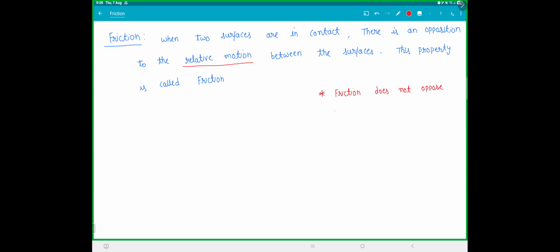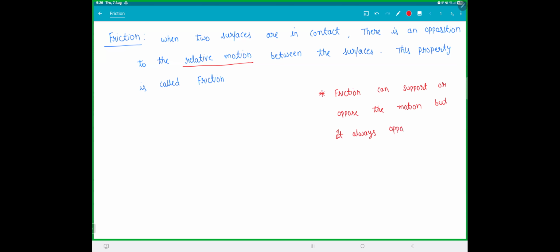It can oppose motion, but that's not its main goal. Let me write it like this: friction can support or oppose the motion. That is better. But it always opposes relative motion. We'll see with some examples.